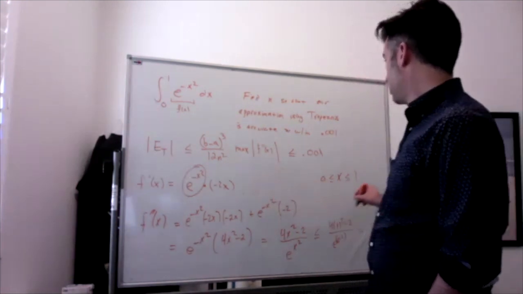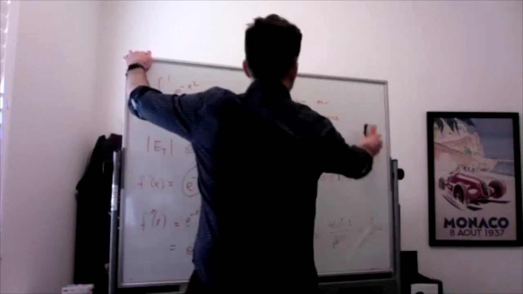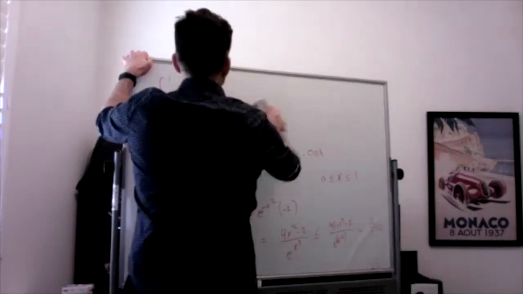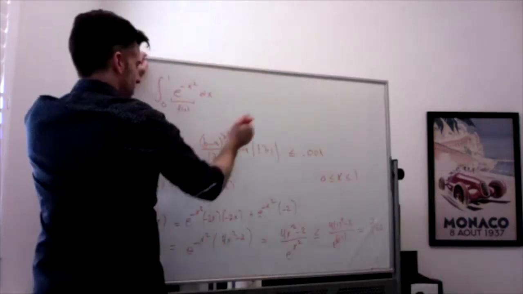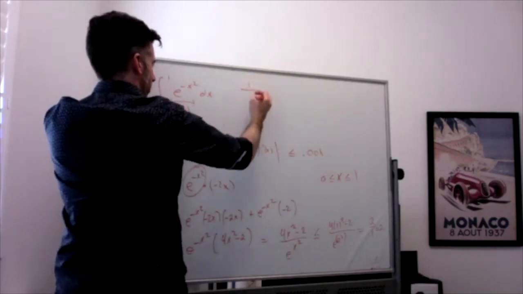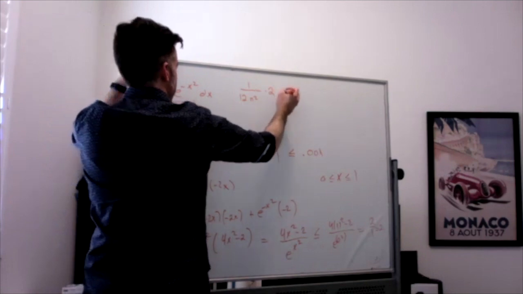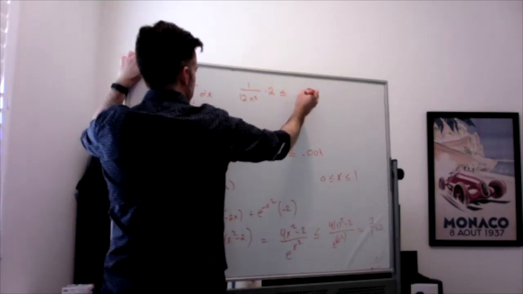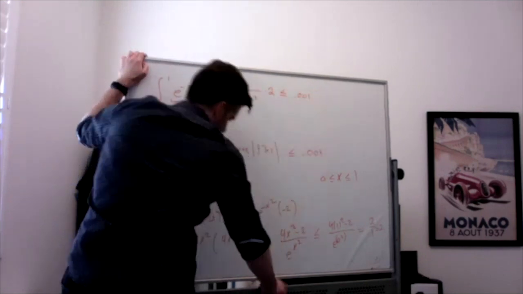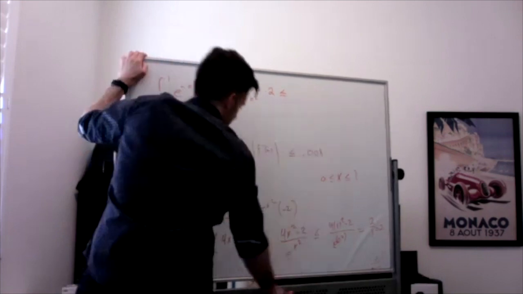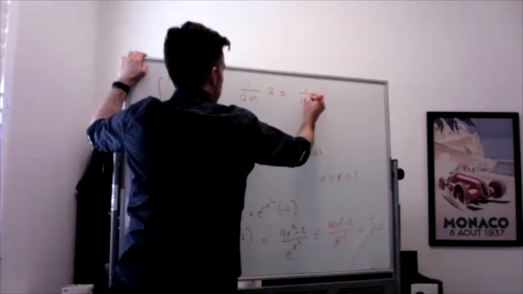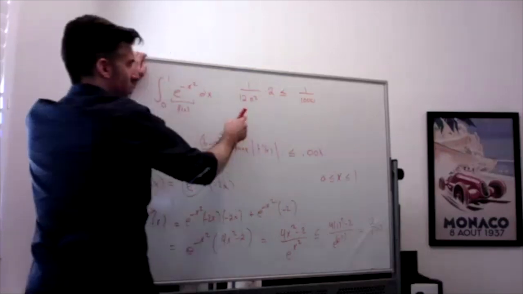So what we're going to say here is, we're going to have b minus a cubed, so 1 cubed over 12n squared times 2 has to be less than or equal to 0.001, which I would prefer to write as 1 over 1,000. Then we cross multiply.